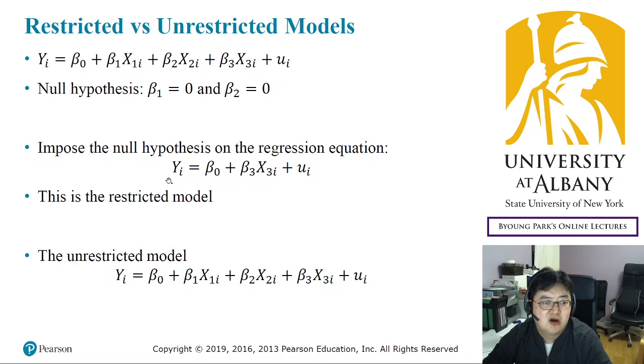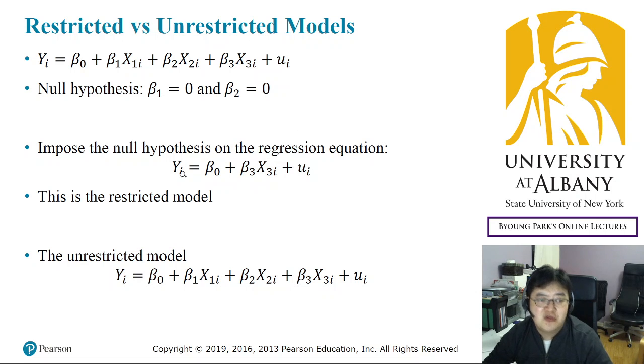So you may simplify the regression to this case, right? This is the restricted model. So the general regression model is restricted by the hypothesis which you believe in. So then it is easier to estimate the regression model, and actually easy to understand what's going on.